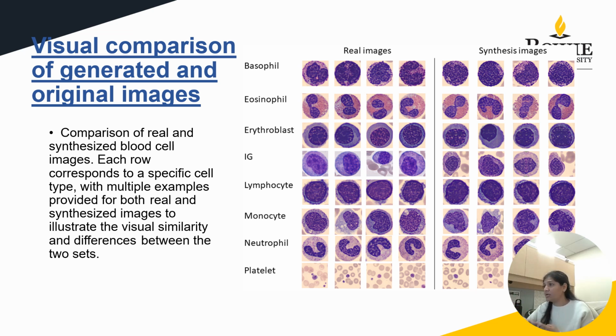And these are the different classes of the images, and you can see that the generated images look the same as the real images, except for the immature granulocyte results, because in immature granulocytes there are different stains and also different types of blood cells. Because of the mixture, it has a different output compared to the other blood cell types.